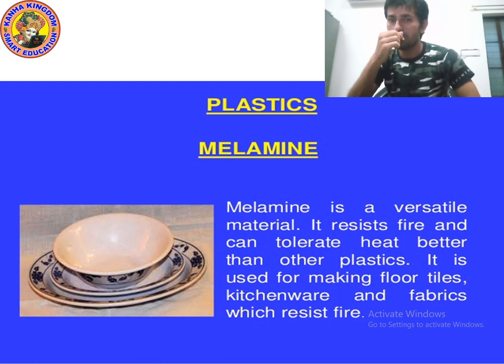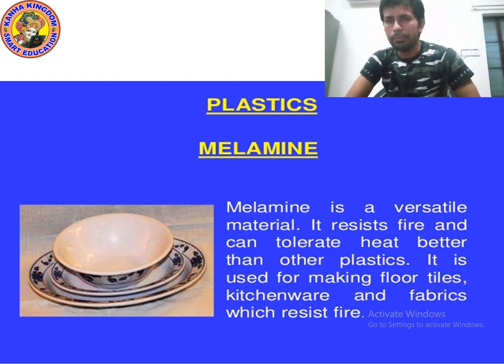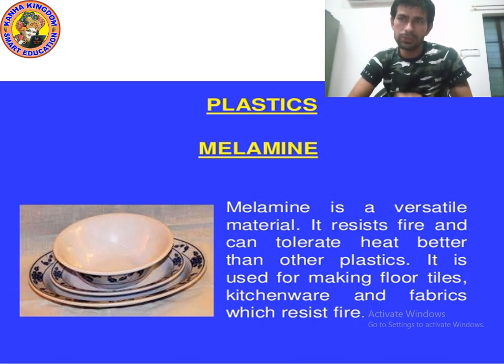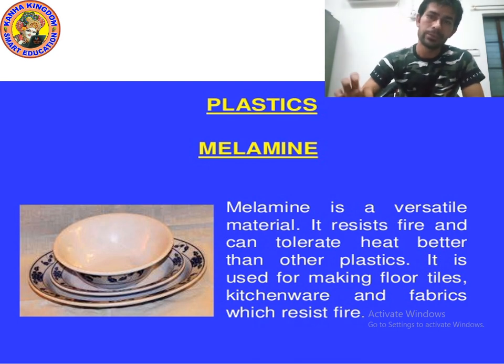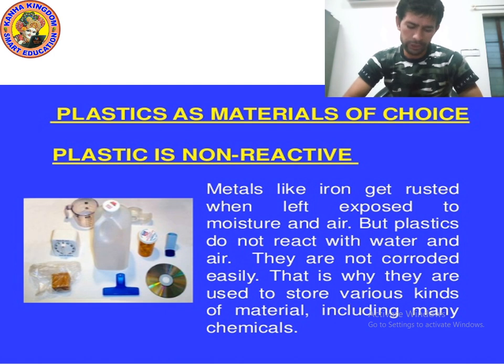Kitchenware, yes, we use it in kitchenware, making many things of the kitchen made of melamine. And fabrics which resist fire, yes, it is also used to make such kinds of clothes which can stop fire. Okay, I hope you understood. Now let's move on to the next point. Now the question is, can plastic react with chemicals?